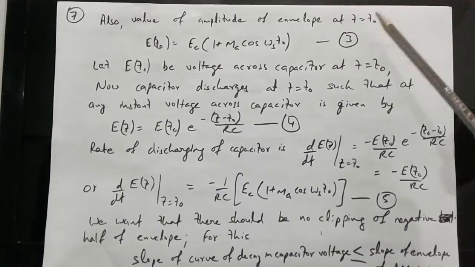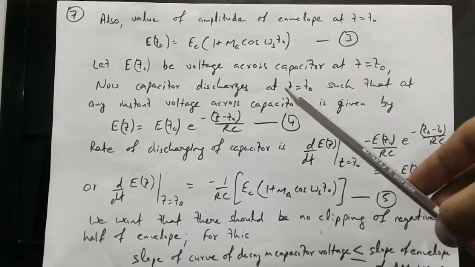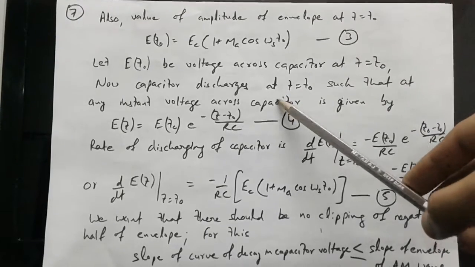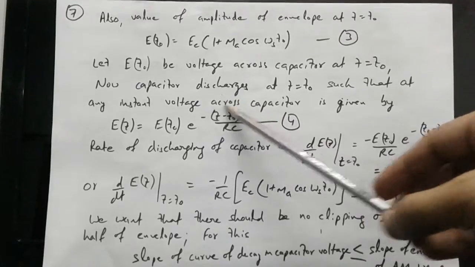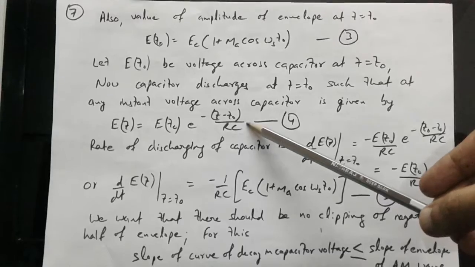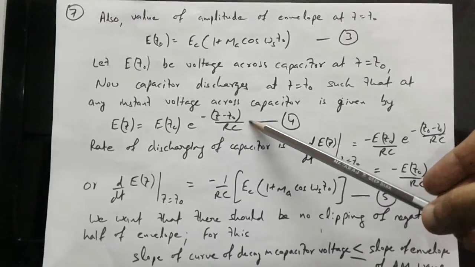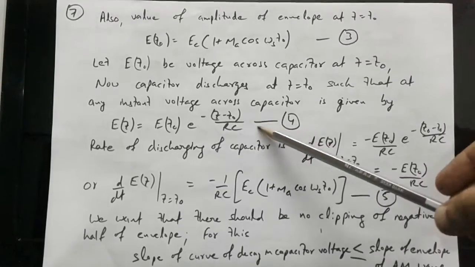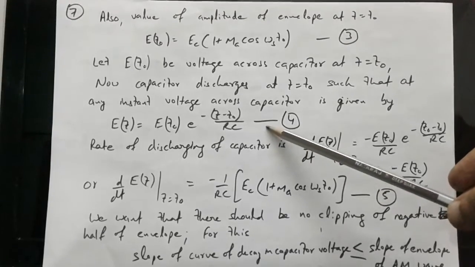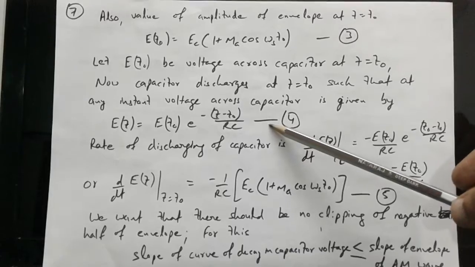Now the rate of discharge of the capacitor is given by equation 4. We derive this formula in the plus 2 class, where we find the voltage across the capacitor while charging or discharging.